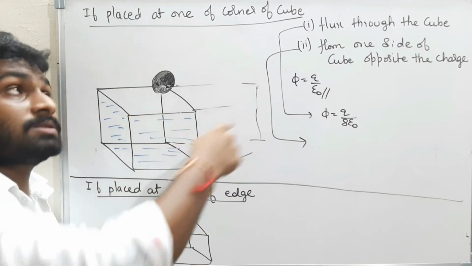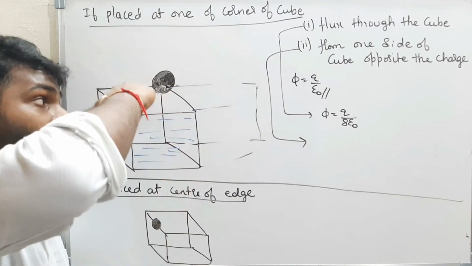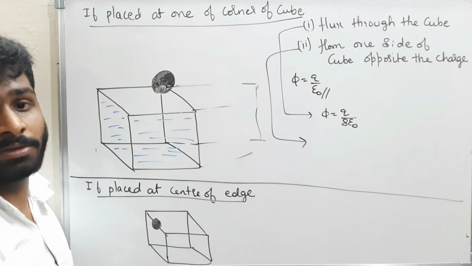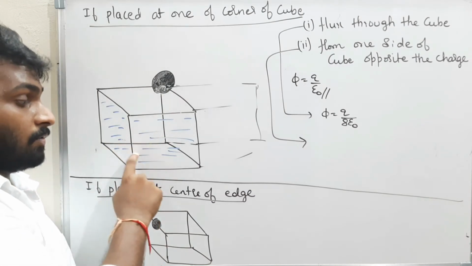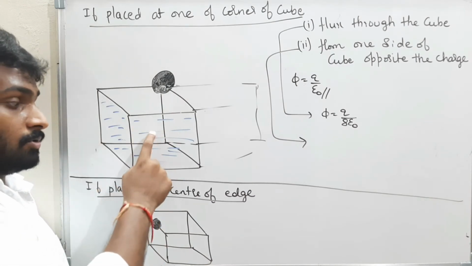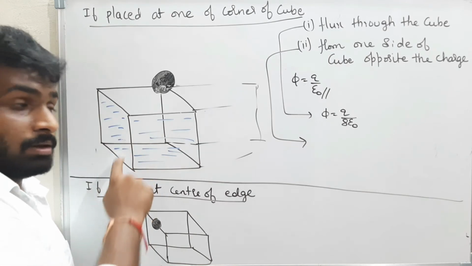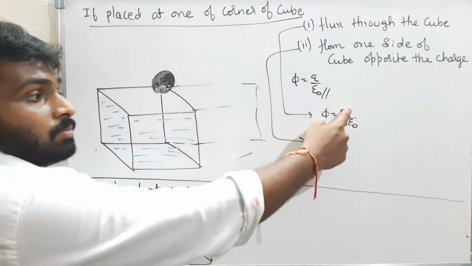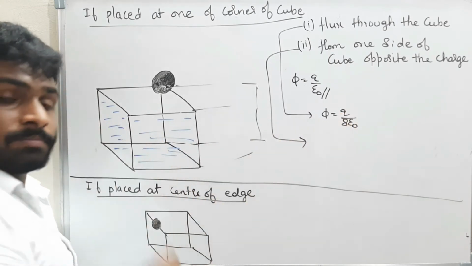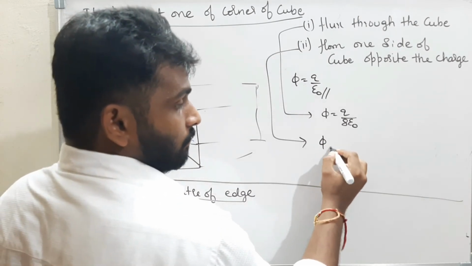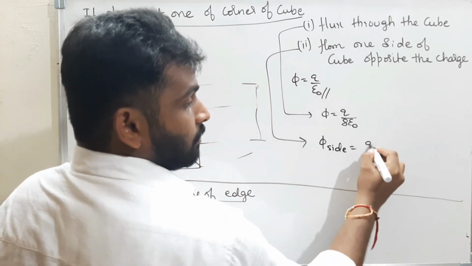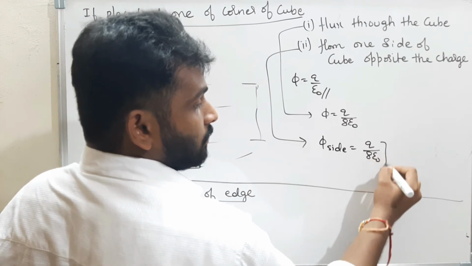Even this one is inside the Gaussian surface. Even the top, this one also is inside the Gaussian surface. Only these 3 are facing outside. 1, 2, 3. Therefore, from these 3, the flux is Q by 8 epsilon naught. From one side it is Q by 8 epsilon naught by 3.